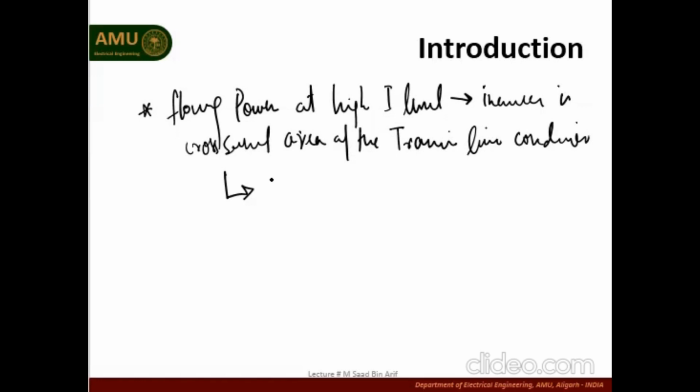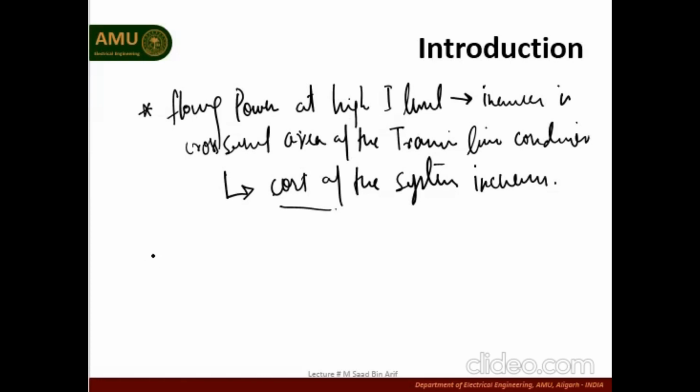Not only that, if the transmission line resistance is high, this huge amount of current will cause a large amount of power loss. Because of this, the cost of the transmission system increases. Obviously, we need to use more and more material to form the conductor, so the cost increases. So this is one of the reasons that we cannot go for a high current power flow.